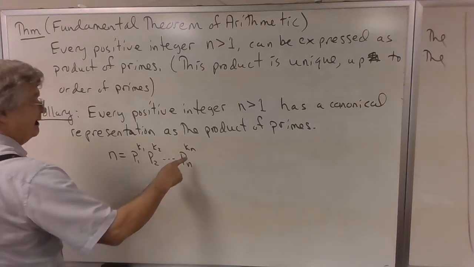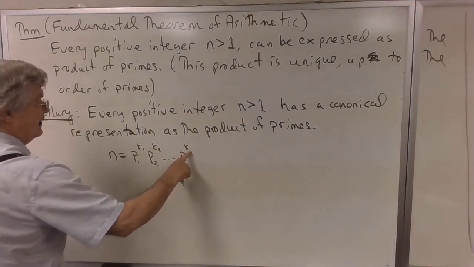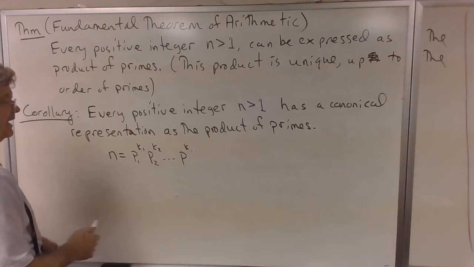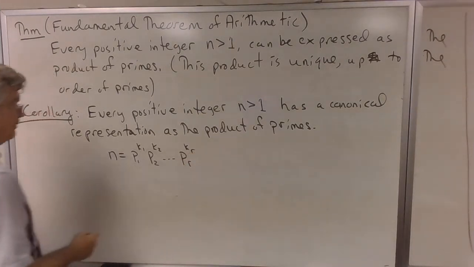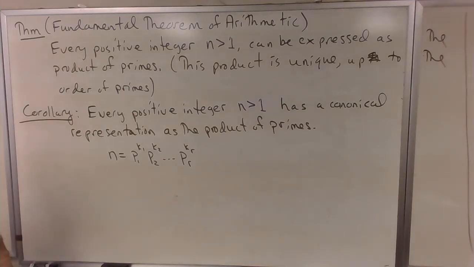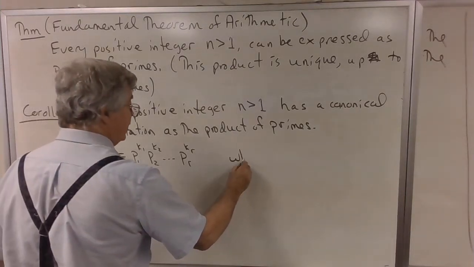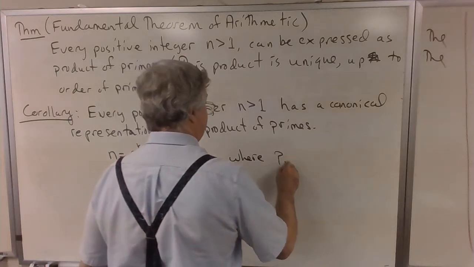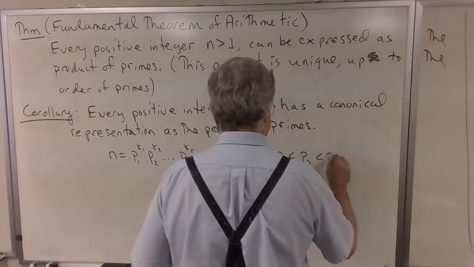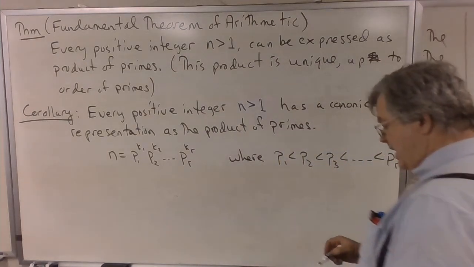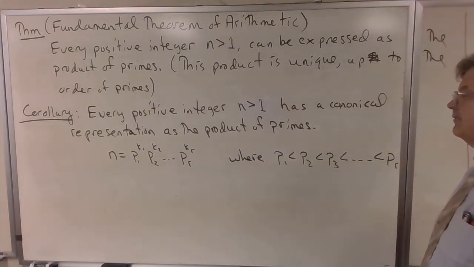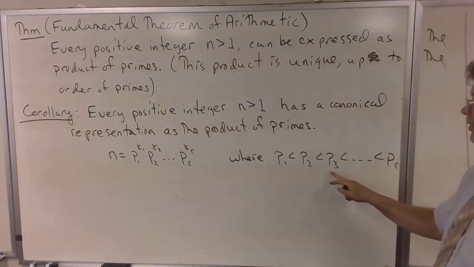Whoops. Excuse me, I can't use n for two different things. So we'll say it's the product of r different primes, and P1 is the smallest of those primes, P2 is the next smallest, and so forth.